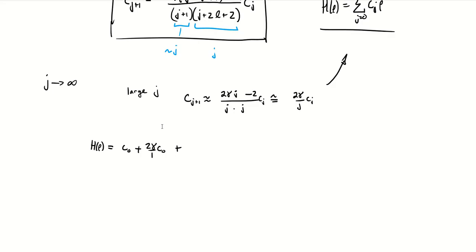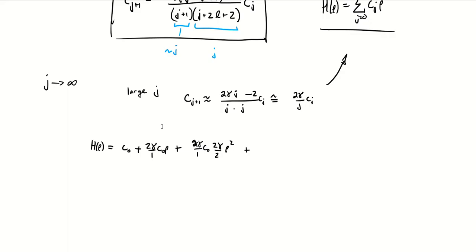The next term is going to be C2, which is C0 times 2γ over 1 times 2γ over 2, times rho squared.